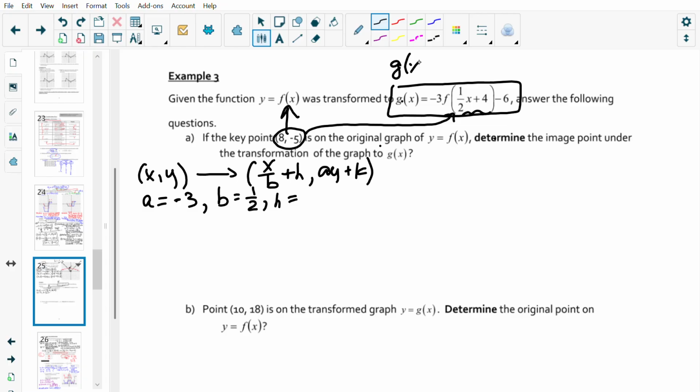h, oh, something's going on here. We got to rewrite that, folks. So I'm going to rewrite it like this. G of x equals -3 f of 1/2 x plus 8, and then minus 6.